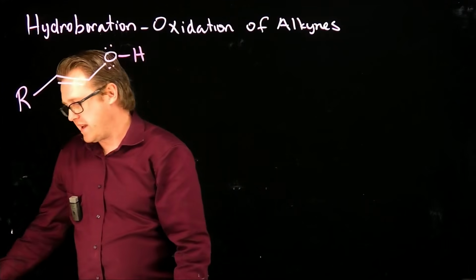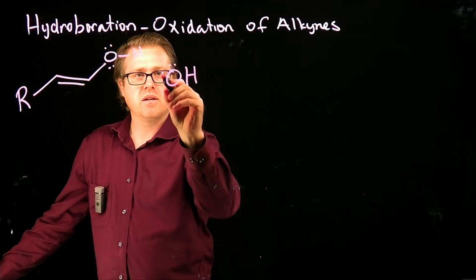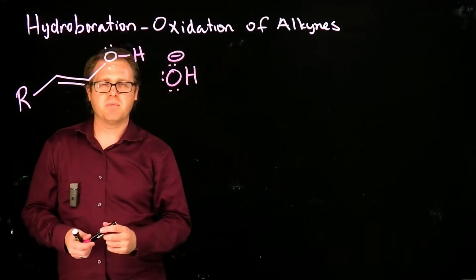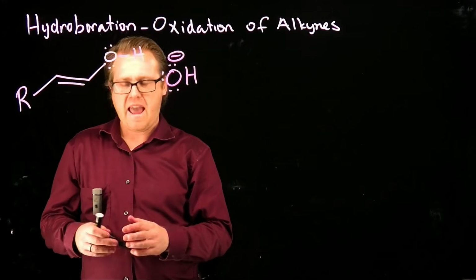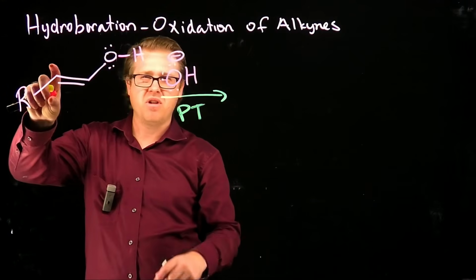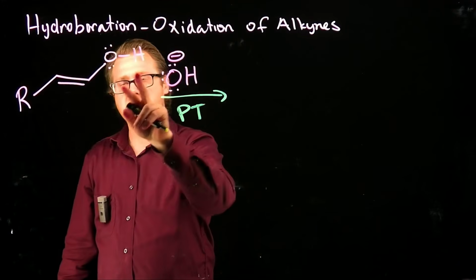So the first part of the mechanism is that you are adding base. You're under basic conditions, so you have to do a proton transfer. When you look at this molecule, you're like, okay, base, so there has to be an acid somewhere.